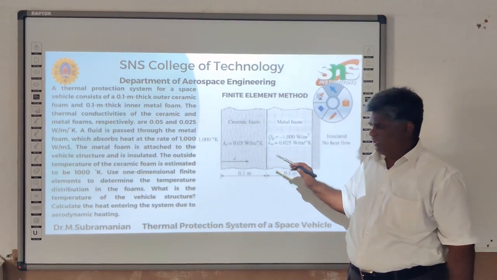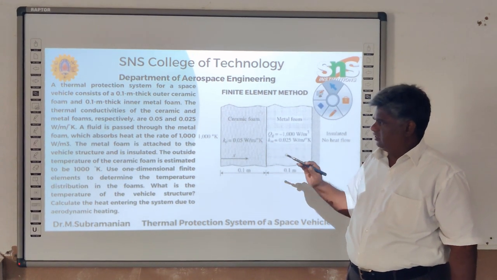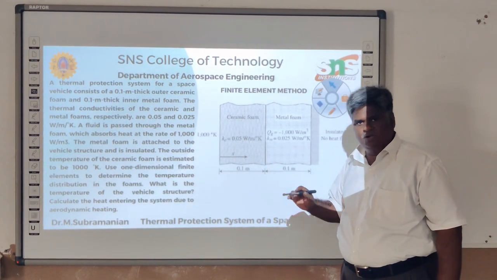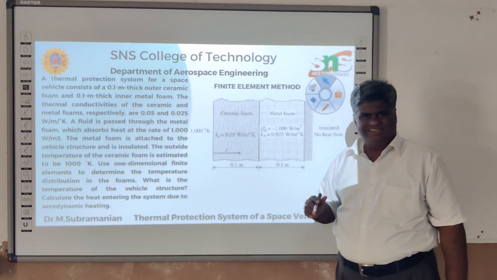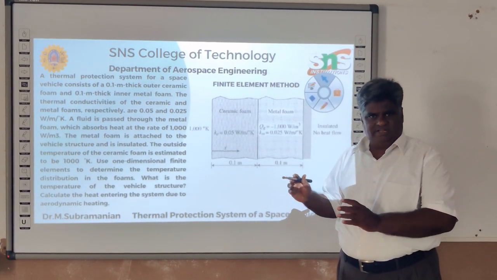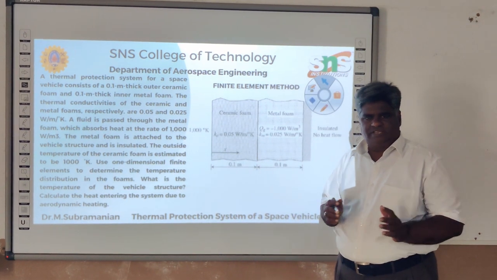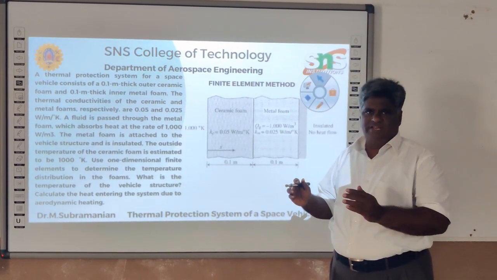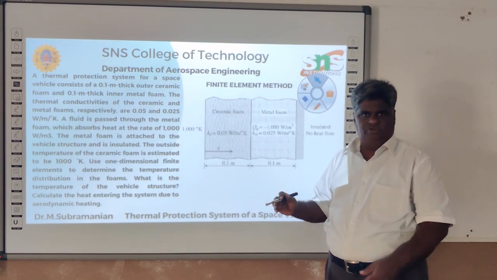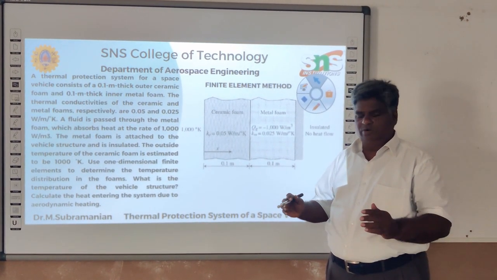The common FEA equation is K T equals F. K is the global stiffness matrix, T is the field variable of temperature distribution, and F is the thermal load matrix.